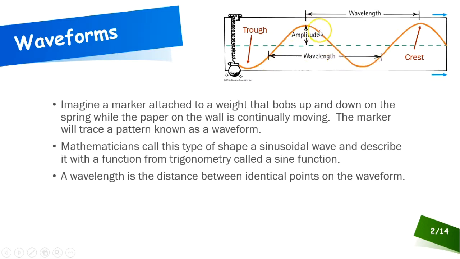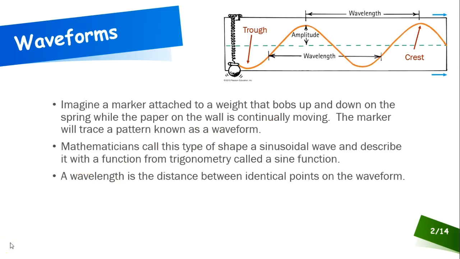This is the set pattern that's being repeated over and over again. So, looking at identical points for measuring your wavelength, I always find that it's easier if you just make it easy on yourself. Just use two high points, two crests, or two troughs, two low points. Just keep it one or the other, and that'll keep you safe when you're actually calculating out your wavelength for your distance.